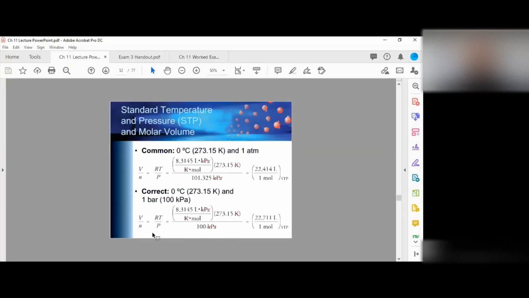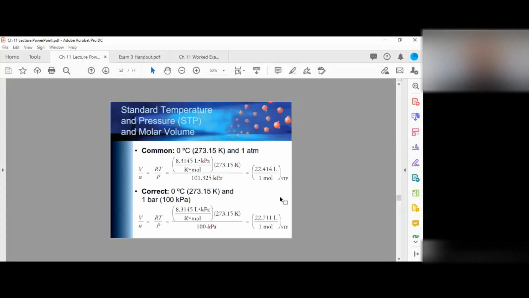The bottom part changes the conditions from 273.15 and 1 atmosphere to 273.15 and 1 bar, and plugging all that into the same equation, PV equals nRT, the molar volume changes slightly to 22.711 liter.